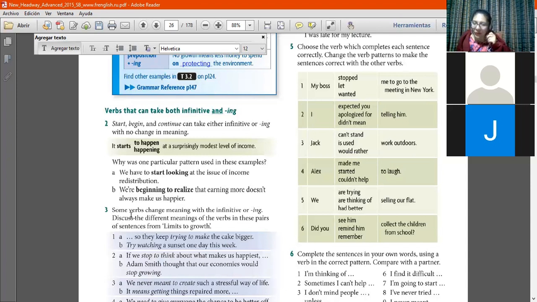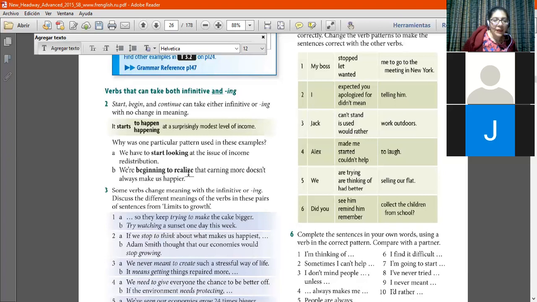O sea, es rarito, porque no es común hablar así. So the question might be, when will I know if it is or not? The practice. Surround yourself with English and find it. Tal vez ni se den cuenta, pero ya me he escuchado siempre. We're just giving you rules.